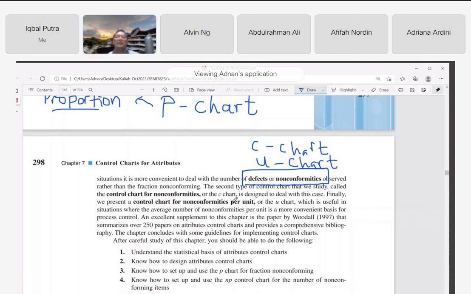And we're also going to look into the demerit chart. The demerit chart is also under the category of non-conformities charts. Sometimes in some books they call it the D chart.